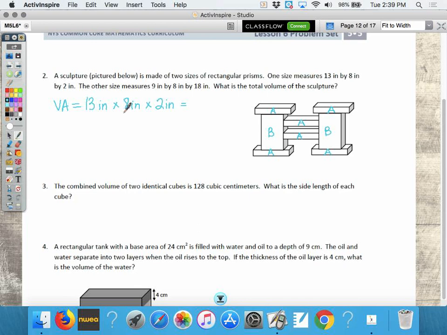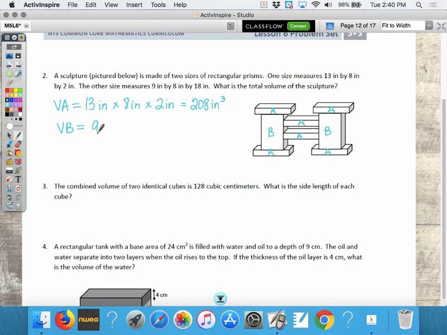So 13 times 8, we could use 12 times 8, which is 96, and add 8. We've done that several times. So that's 104 times 2. 104 times 2 should be 208 inches cubed.